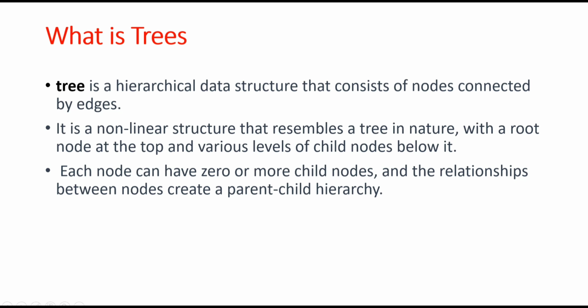It's a non-linear data structure, also called a non-sequential data structure, that resembles a tree in nature, with a root node at the top and various levels of child nodes below it. Each node can have zero or more child nodes, and relationships between nodes create a parent-child hierarchy. This is what a tree is.